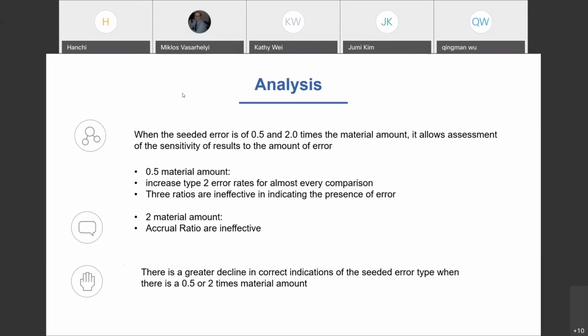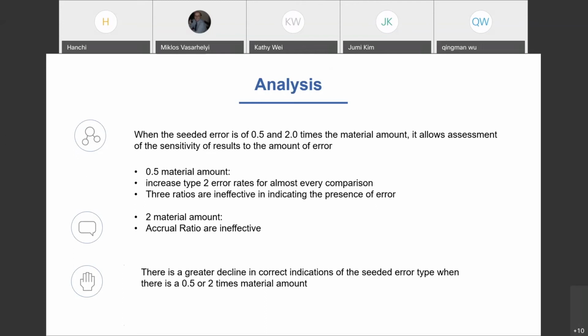When the seeded error is in this part, we want to do a sensitivity analysis of this data. We change the seeded error to 0.5 and 2 to test it, and we find that when it's 0.5, less than normal, it increases the type 2 error rate for almost every comparison, and the three ratios are effective in indicating the presence of error.